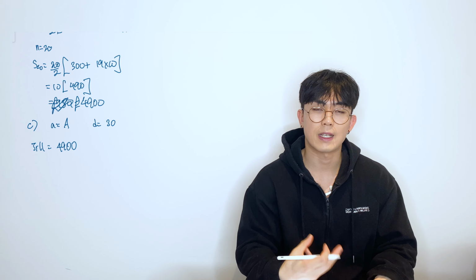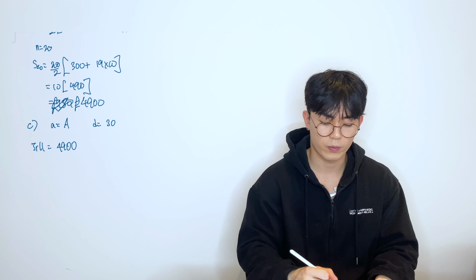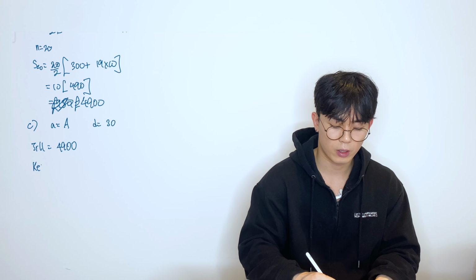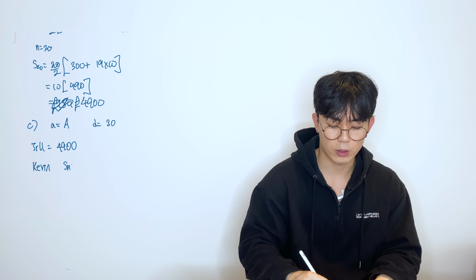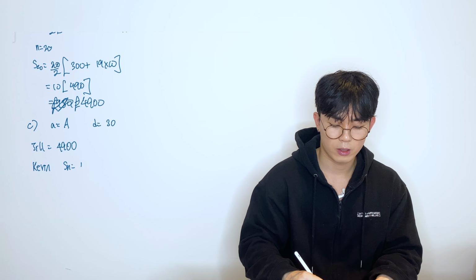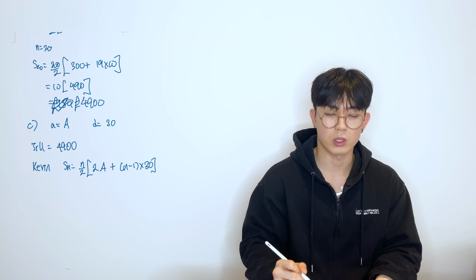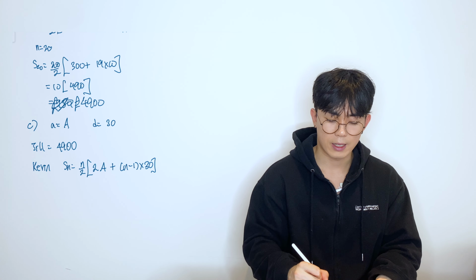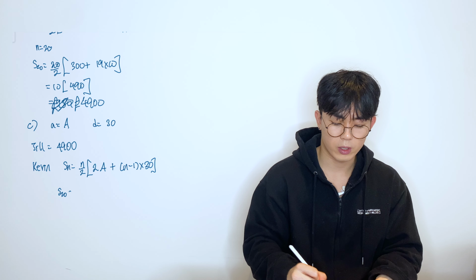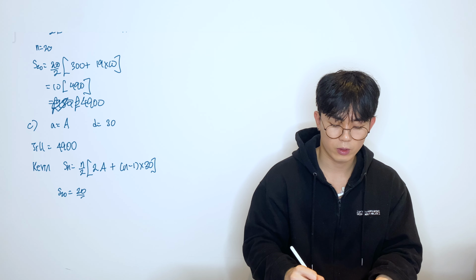So we need to work out an equation for how much Kevin would give. Working it out for Kevin, we can say Sn is equal to n over 2 again, times 2 times his initial amount given, capital A, plus (n minus 1) times d, and his difference was £30. And so in the same 20 years, we'll plug in n is 20.